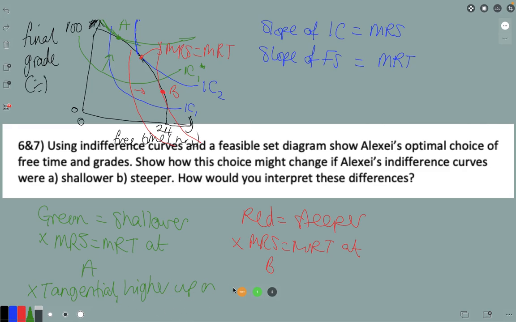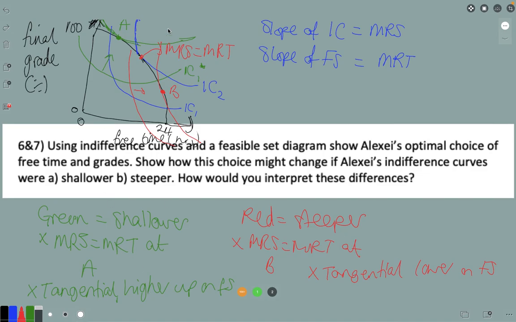And what about red then? It's tangential lower on the feasible set. So we've got one higher up on the feasible set, and one lower on the feasible set.